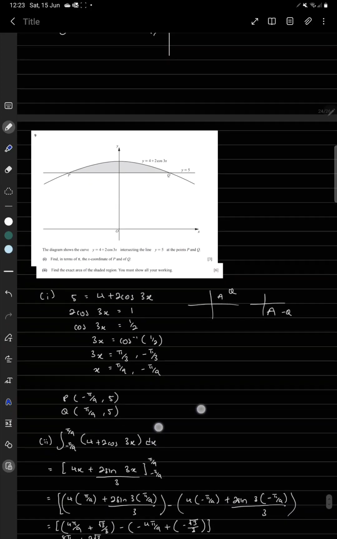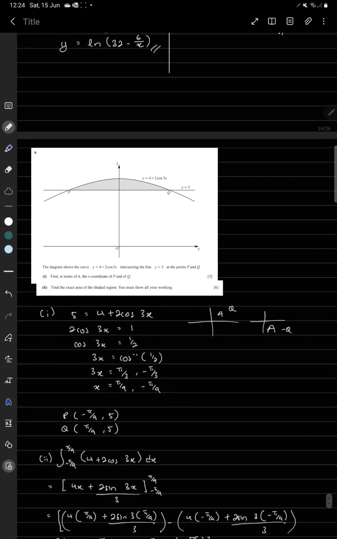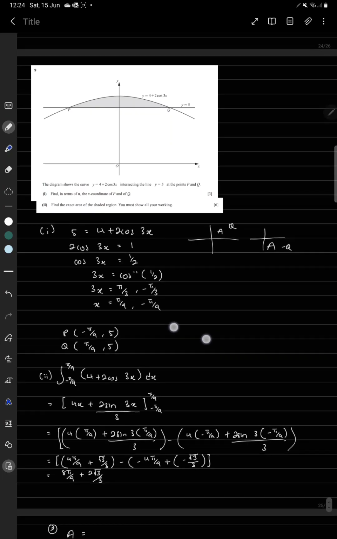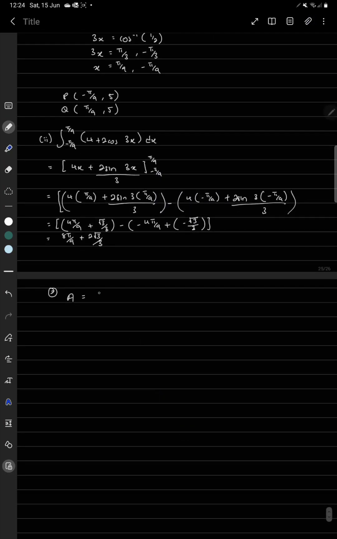The area of a rectangle is length times breadth, where our length is the distance between the two x coordinates, and the y is the same. So that is pi over 9 minus negative pi over 9, and then times 5 itself. So you're going to get 2 pi over 9 times 5, and the area of the rectangle is 10 pi over 9.